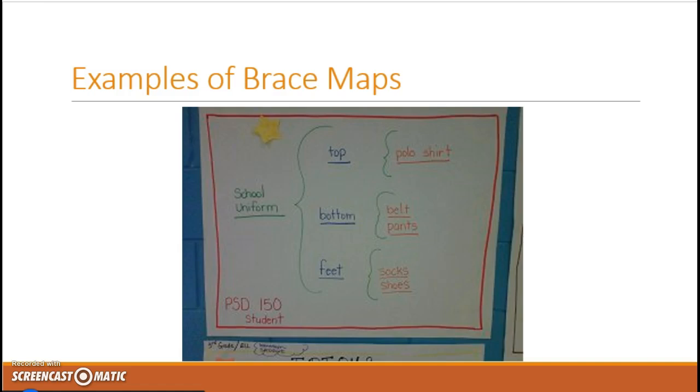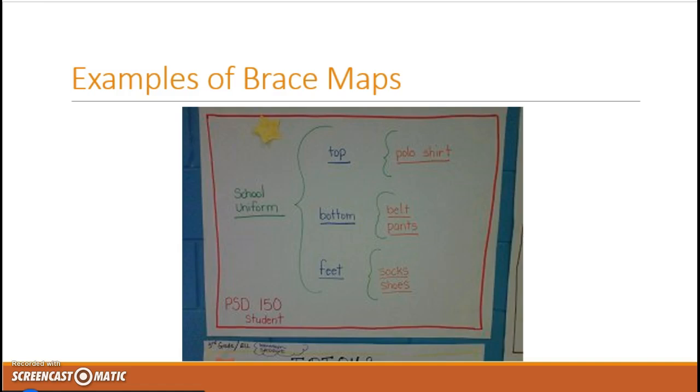To teach the map to students, simple examples with personal meaning are often the best. This Brace map example draws on school uniforms, a concept certainly important to students, and one that they all have a personal connection to and understanding of.